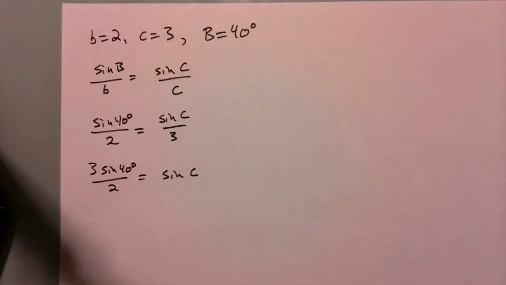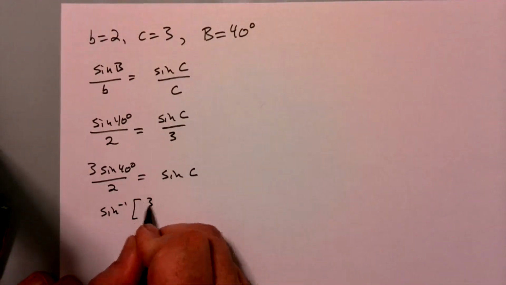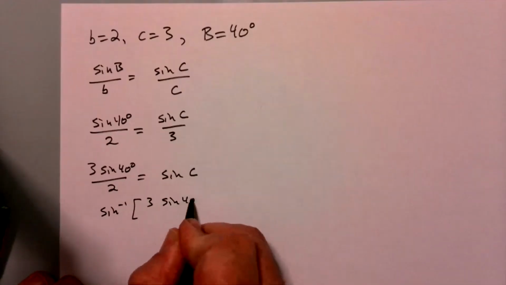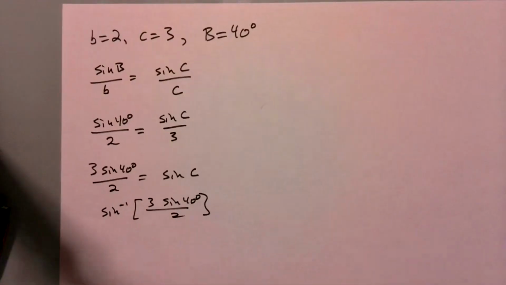Okay, so I'm going to start with the inverse sine. What is the inverse sine of 3 times sine 40 degrees divided by 2? Let me find it. 3 times the sine of 40 degrees divided by 2, and then take the inverse sine of that.